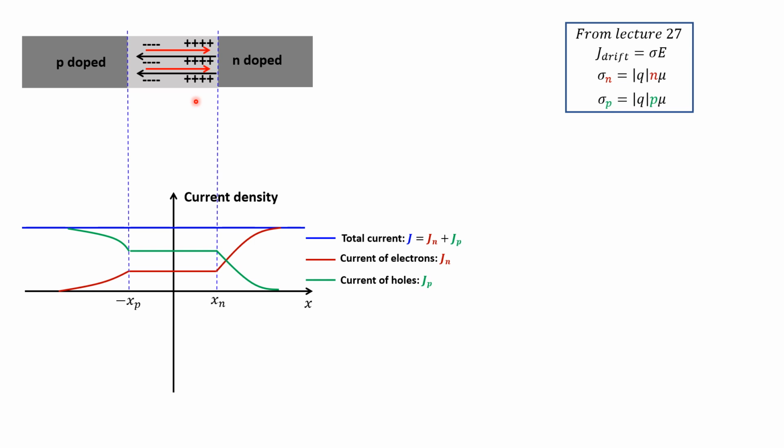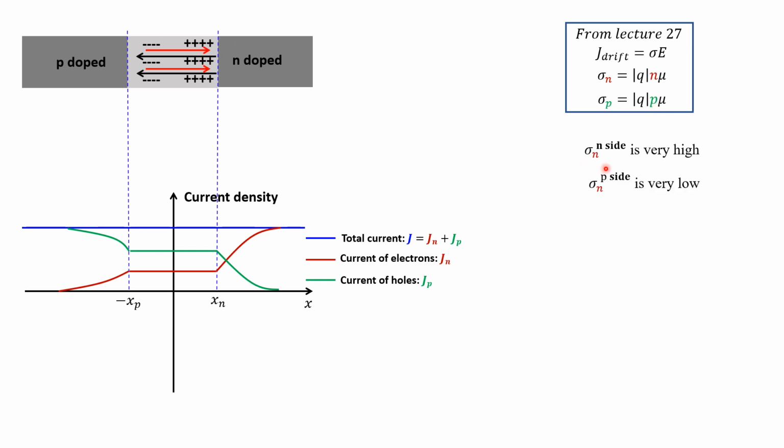the depletion region. And to do that, we're going to use this relationship for the drift current that we discussed in lecture 27. So recall that the drift current is proportional to the electric field. The constant of proportion is the conductivity, and the conductivity depends on the concentration of charge carriers. So the conductivity of electrons depends on the concentration of electrons, and the conductivity of holes depends on the concentration of holes.